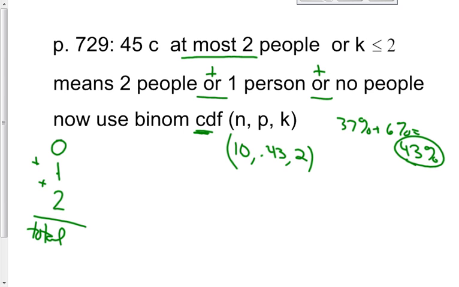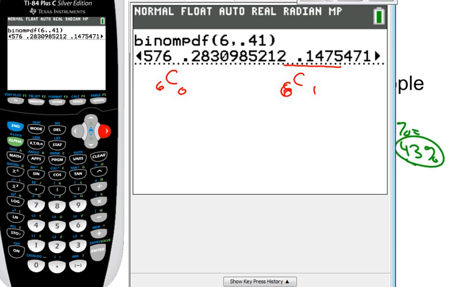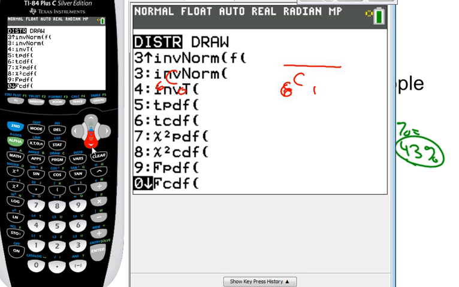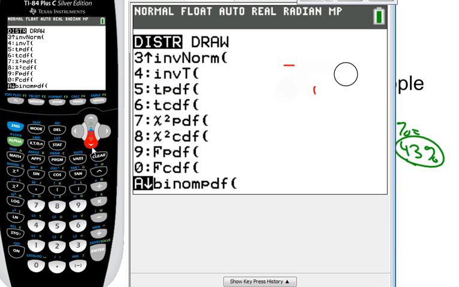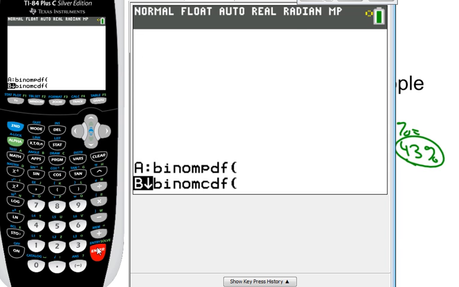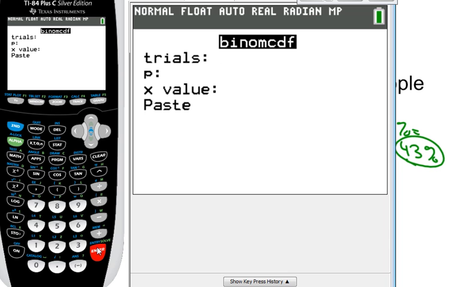All right, so let's go to our calculators again. Second distribution. Let me erase this off my screen for you. Okay, binom CDF is what we want this time. Cumulative distribution function.